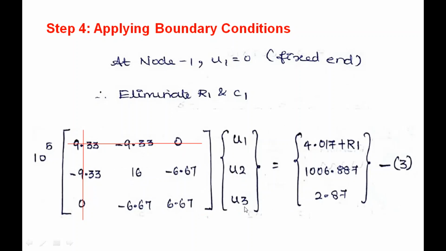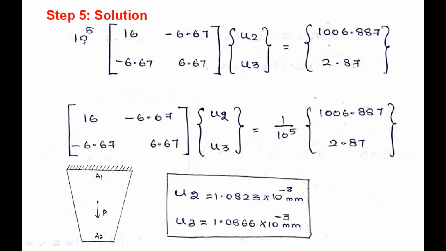In the next step, we are going to solve this 2 by 2 matrix to find the values of u2 and u3. So this is 10 to the power 5, then this 2 by 2 matrix: 16, minus 6.67, minus 6.67, 6.67, times u2, u3. On the right hand side, we have 1006.887 and 2.87. By using a calculator, we can easily solve this equation.